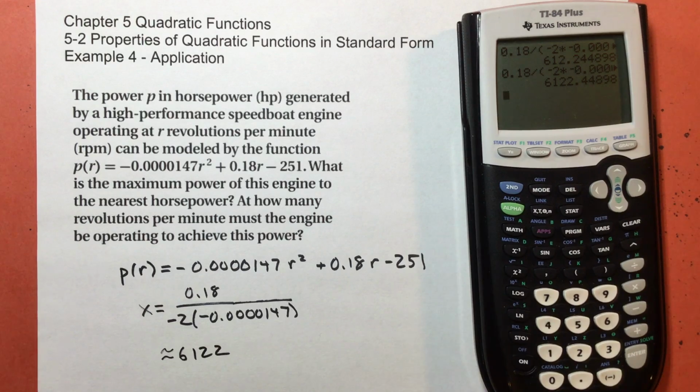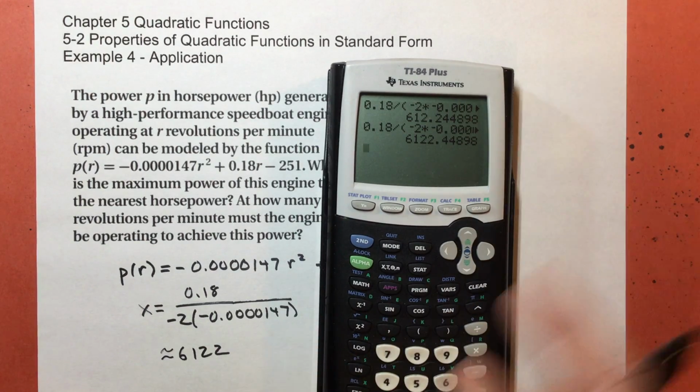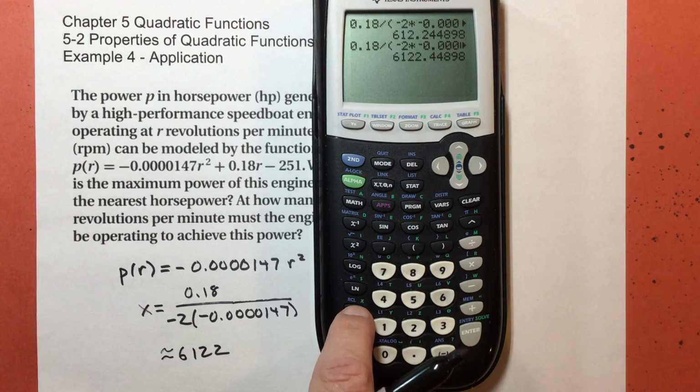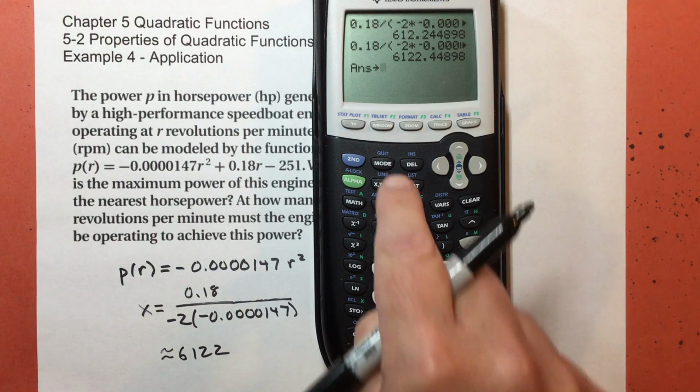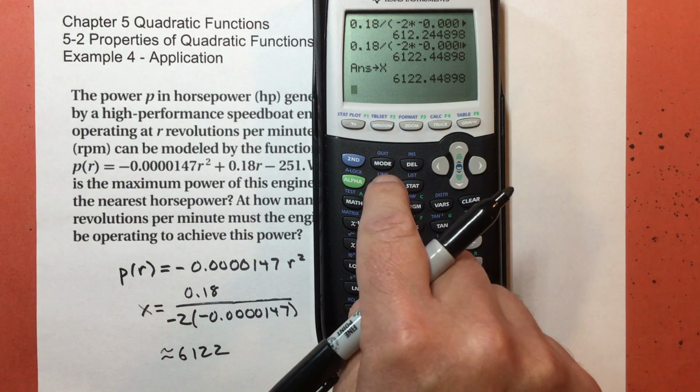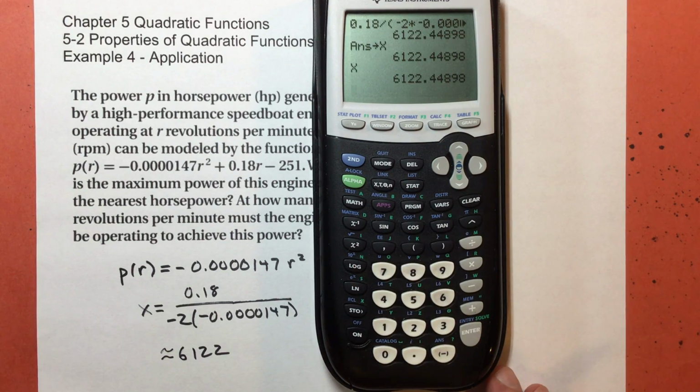6,122. Now here's the cool thing. You can go ahead and estimate it, but you can do something else. See that STO? I can store that answer into my variable, so whenever I hit X, it's going to have that value.